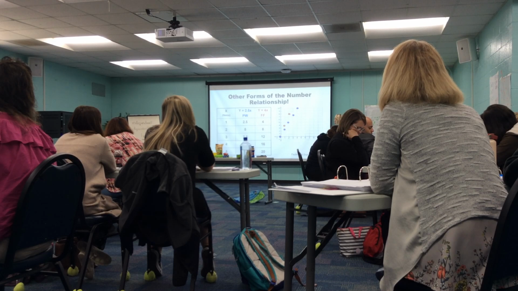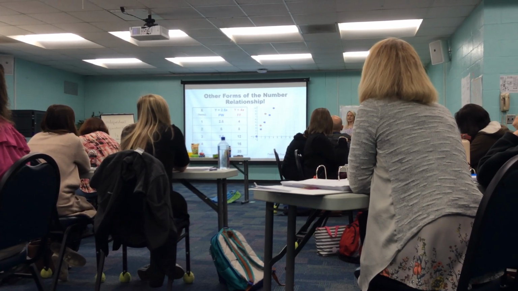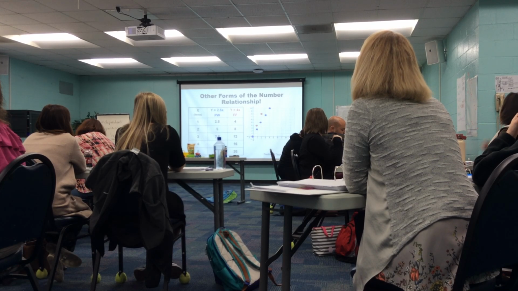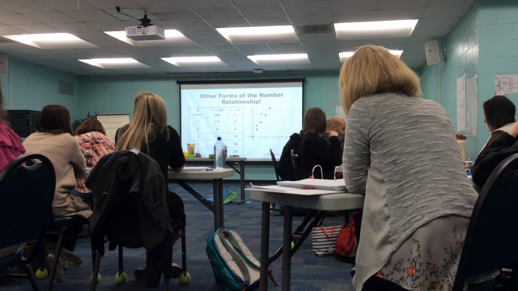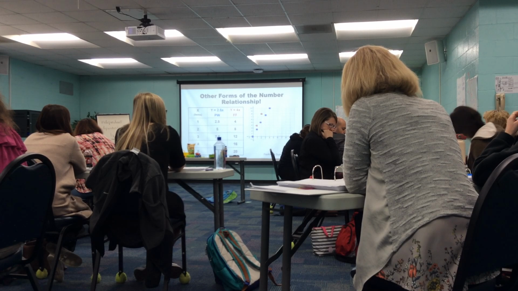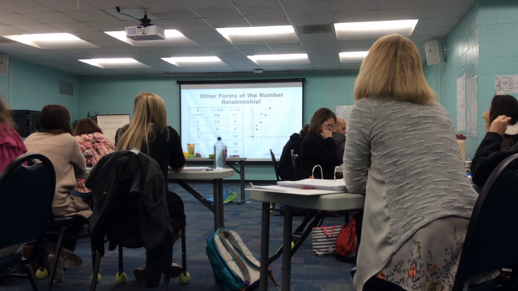And as mathematicians, sometimes the T-chart would be helpful as a representation, but which one can you compare the slopes easier? The Cartesian plane. So there's different visuals that we can use based on how we want to analyze the relationship or the comparison.